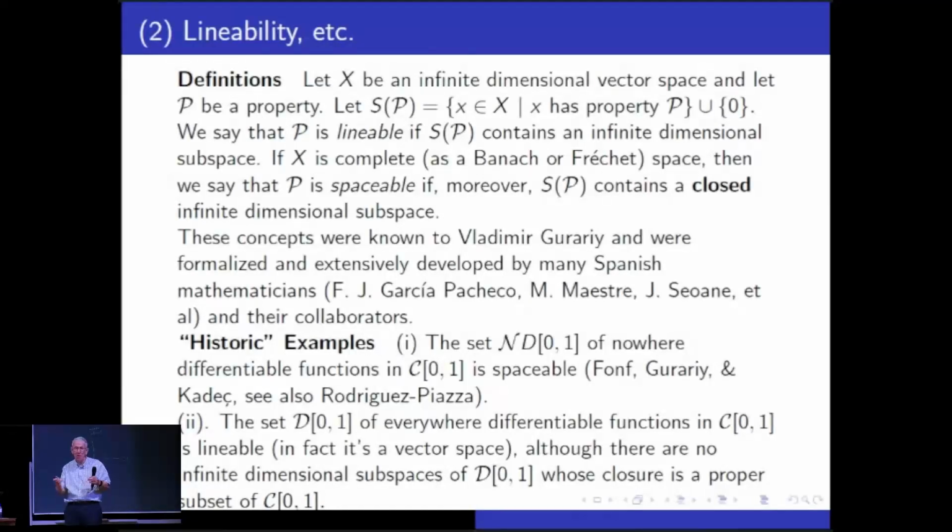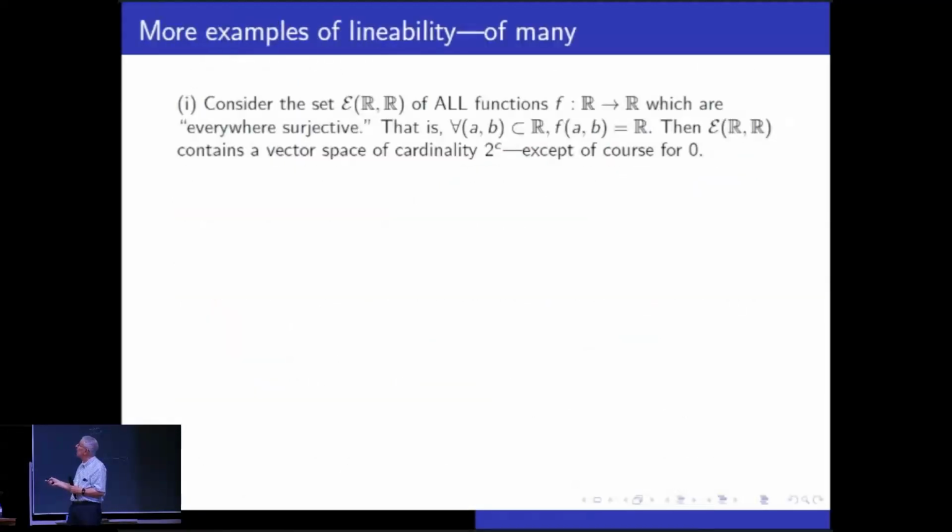It contains the polynomials, so it's an infinite dimensional space. But in fact, Gurariy showed it is not spaceable. There are no closed infinite dimensional spaces. What I want to do is just give examples, so the rest of the talk is really going to be just some examples.